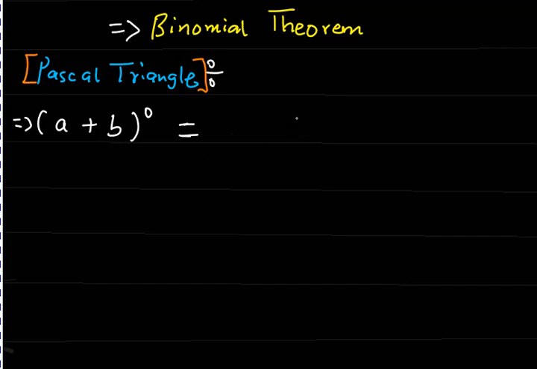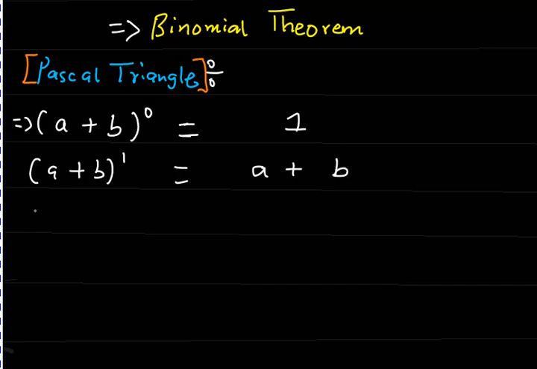So this is going to be 1. Now let's look at the expansion to the power of 1. If I expand this to the power of 1, I will simply have a plus b.